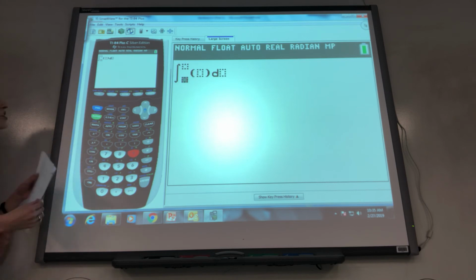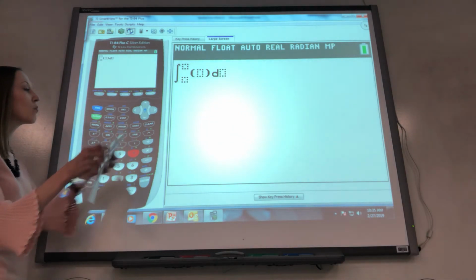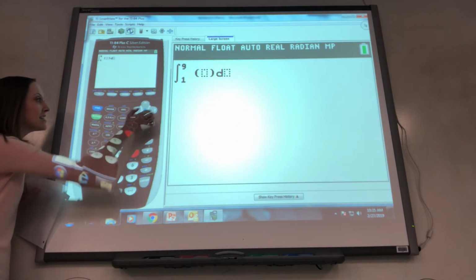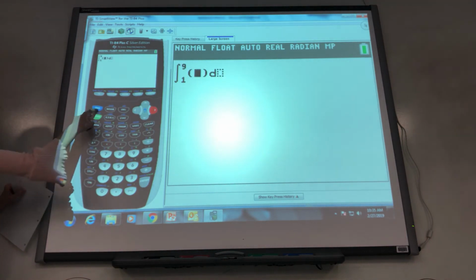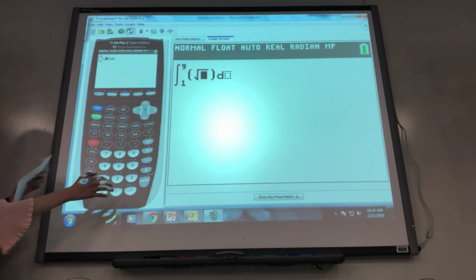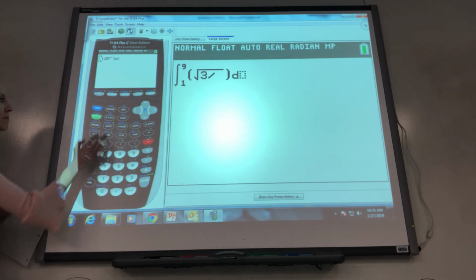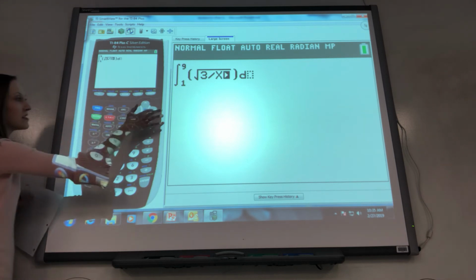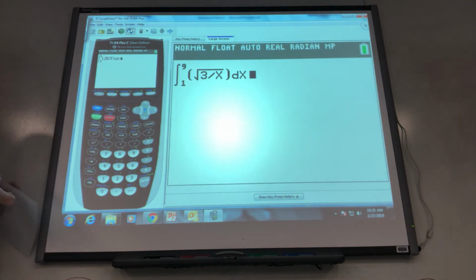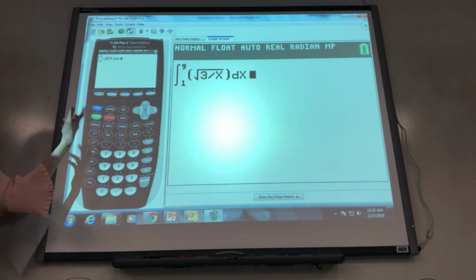And looky here, you can pretty well just type in what you need. You need it from 1 to 9. So there's my bounds. I want the square root of, it was 3 divided by x. Looks a little bit different, but that should be fine. And then dx.